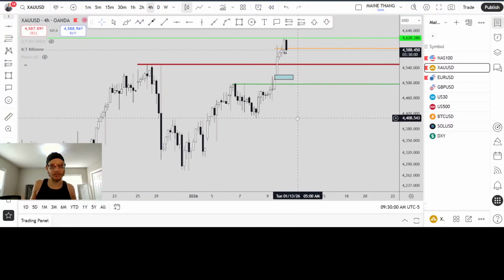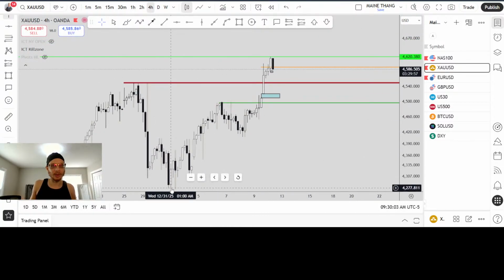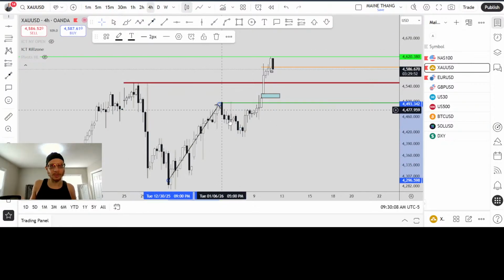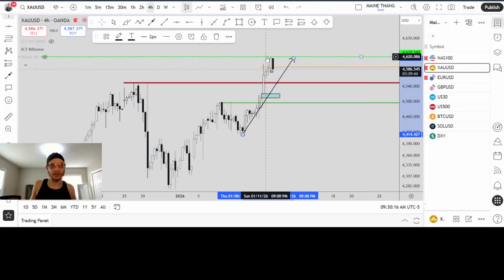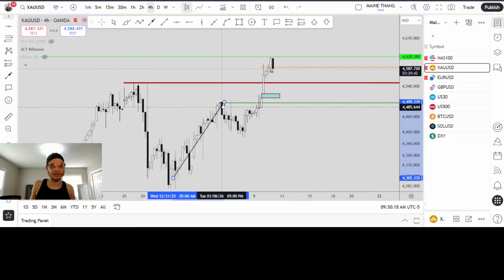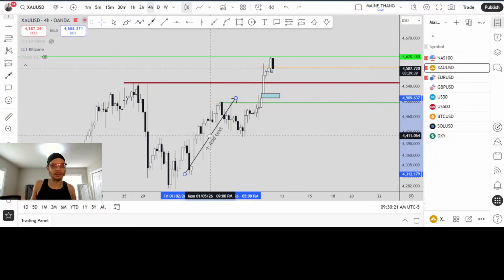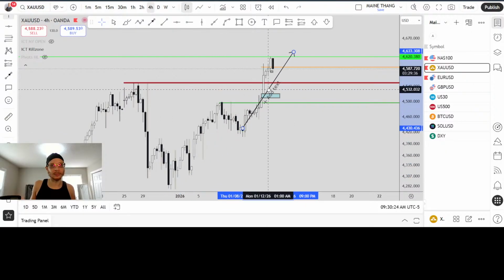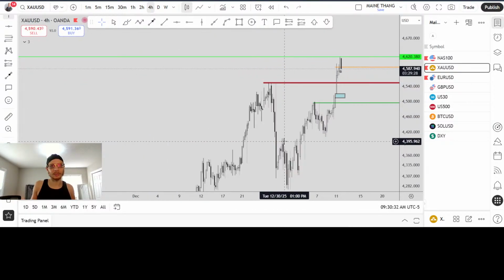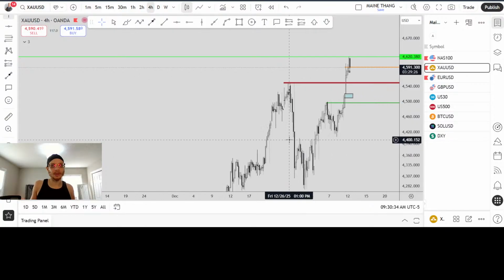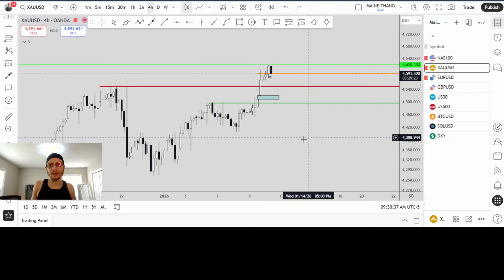4 hour. So we got this swing, then we got a retracement, then we got this swing. Equal swings with the same amount of distance. So we could go up a little bit. Nothing to the left.